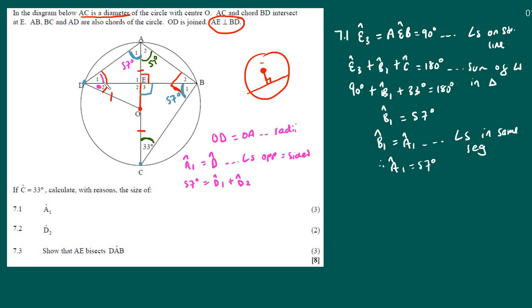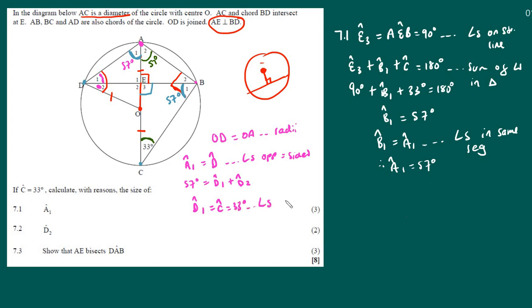I look at D1 and say it's equal to which other angle? Look at D1, it's formed by this chord AB, right? And that very same chord is forming another angle at the circumference, which is angle C. So it tells you that D1 is equal to angle C, and both are 33 degrees. Why?